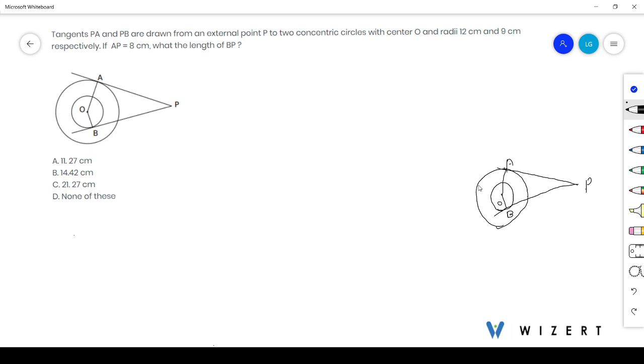So here OA is 12 centimeters, OB is 9 centimeters, and AP we have given as 8 centimeters. Now to find BP, join OP.